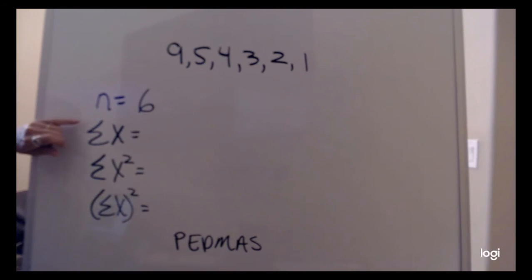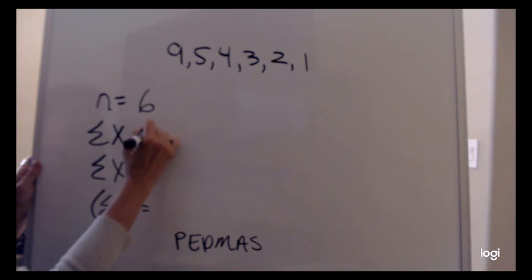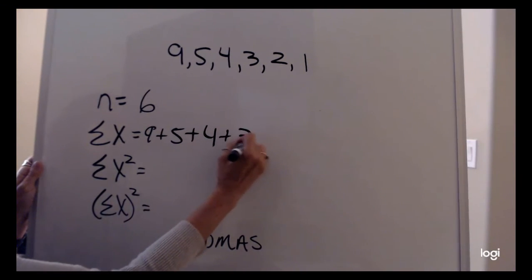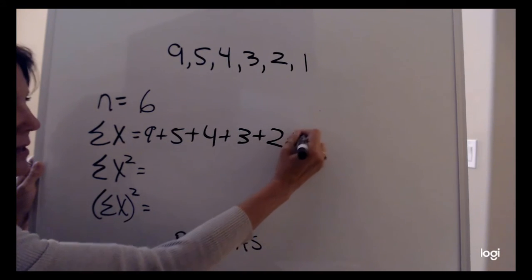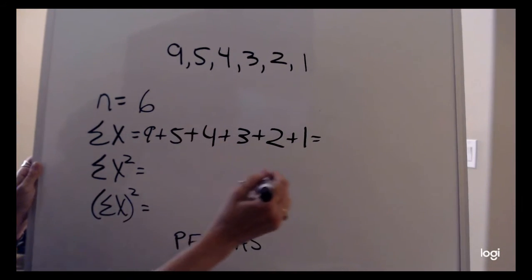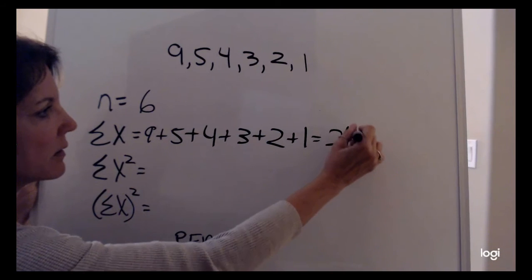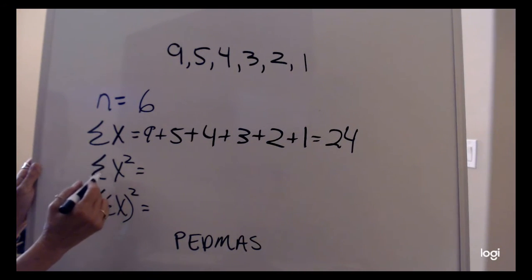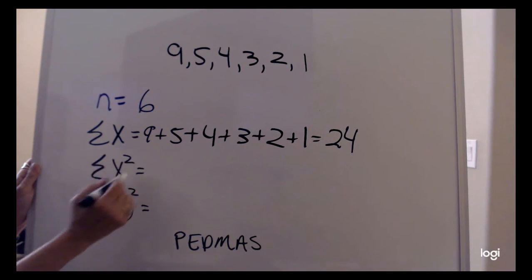The next question is asking us to sum up all the scores. We've done this before. We can do it again. 9 plus 5 plus 4 plus 3 plus 2 plus 1 will give us 24. All right. Then we're asked to take each score, square it, and then sum that together.